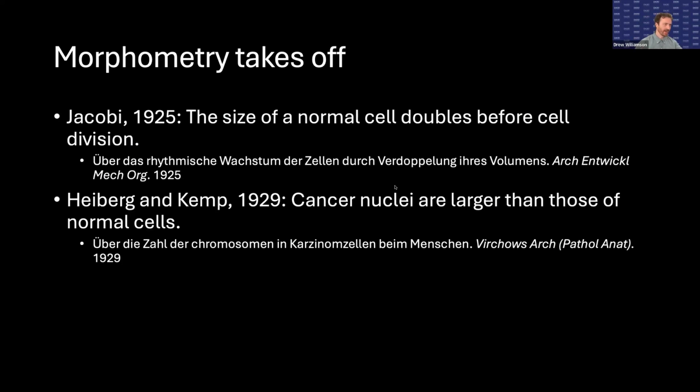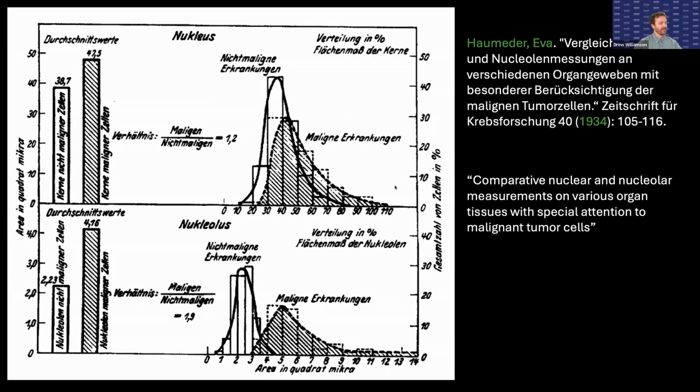And probably like my favorite and maybe the seminal work from this era of morphometry has this wonderful figure. So this is Dr. Haumeder, apologies about my German pronunciations, who in 1934 published this paper looking at a quantitative description of the size of the nucleoli between cancer cells and non-cancerous cells.